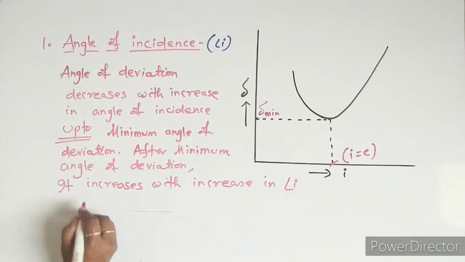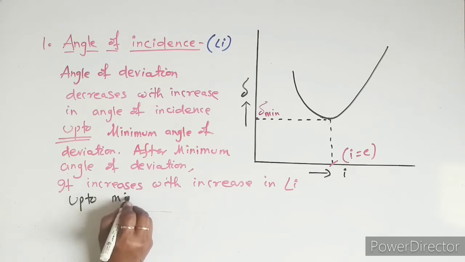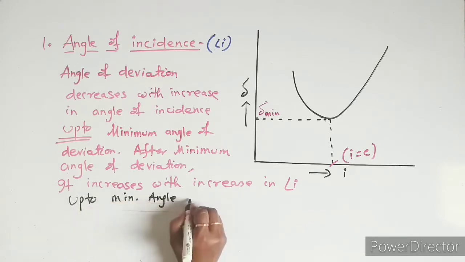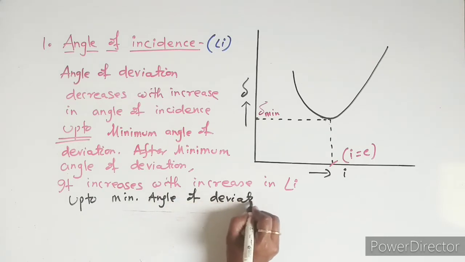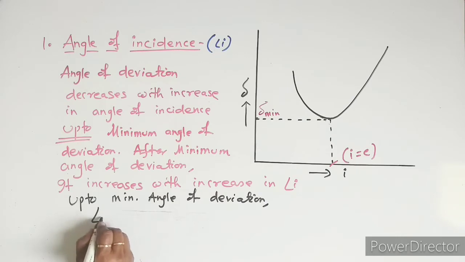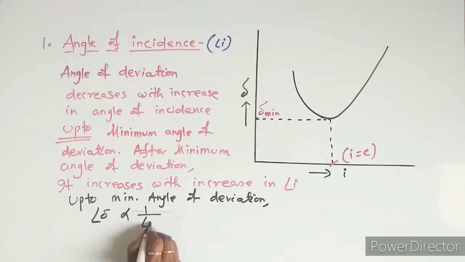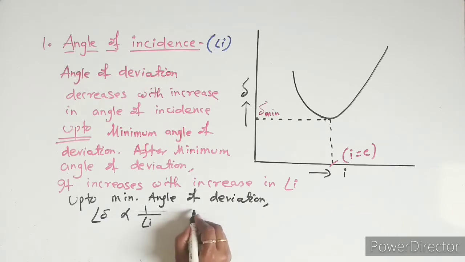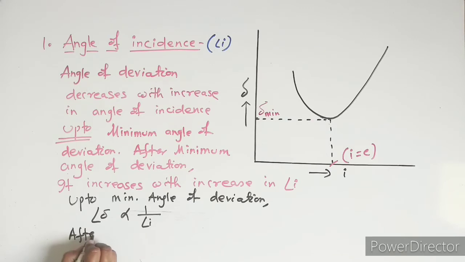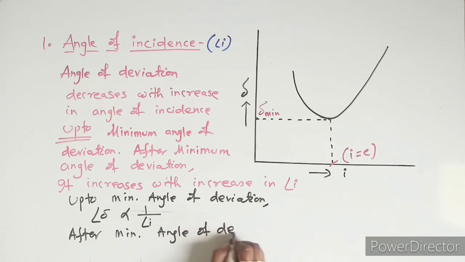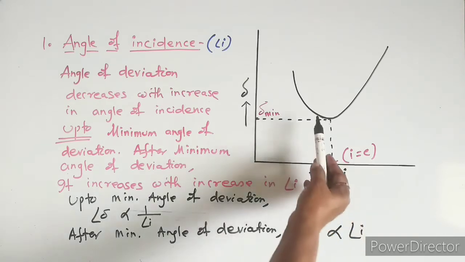So what we can write? Up to the minimum angle of deviation, this delta is inversely proportional to I. But after the minimum angle of deviation, this delta is directly proportional to I. Okay, so what we can see from the graph is clear.